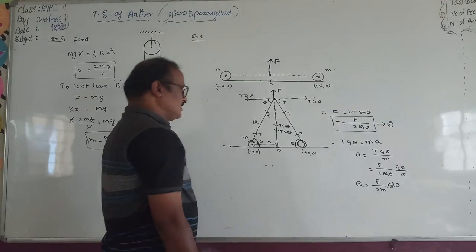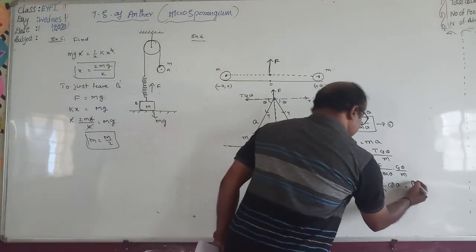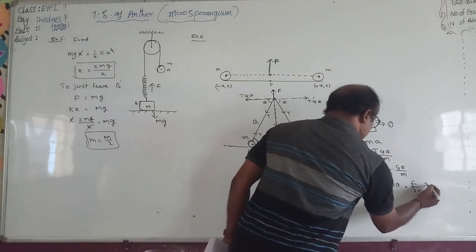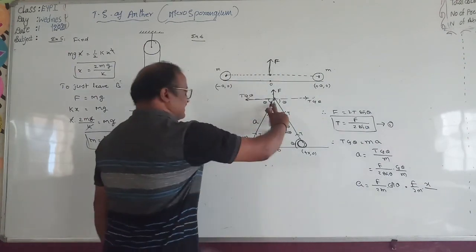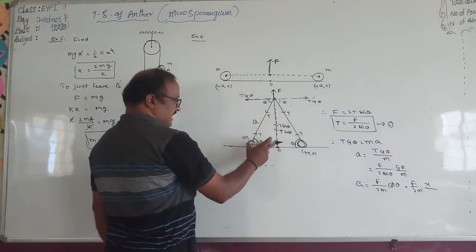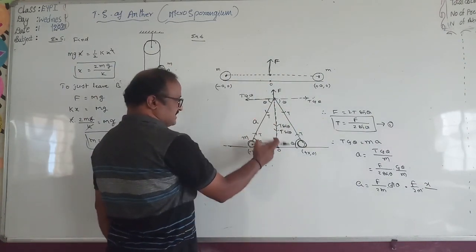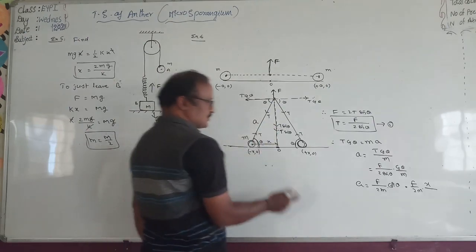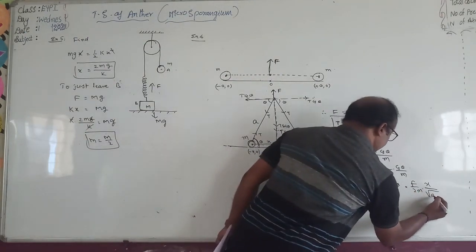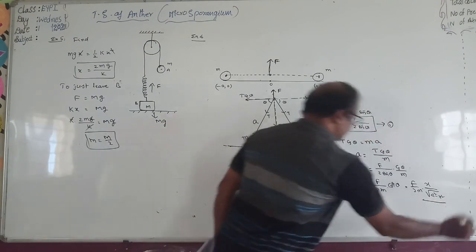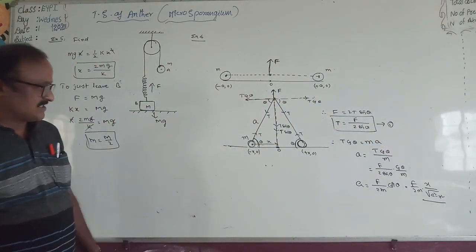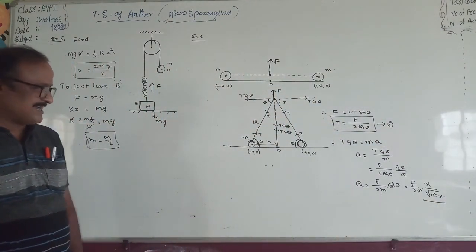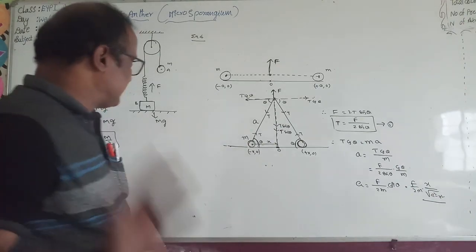X. Therefore, cot theta is X by root of A square minus X square, since the hypotenuse is A and the adjacent is X, and this side is root of A square minus X square. So that is the required answer: acceleration A is equal to F by 2M into X by root of A square minus X square.